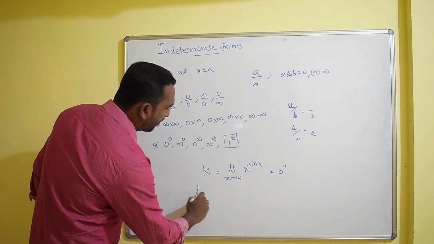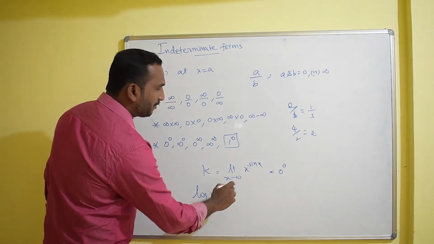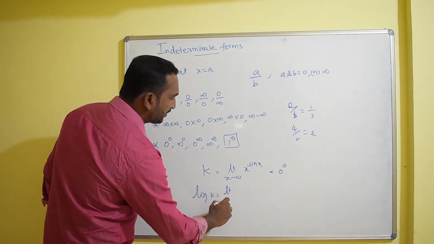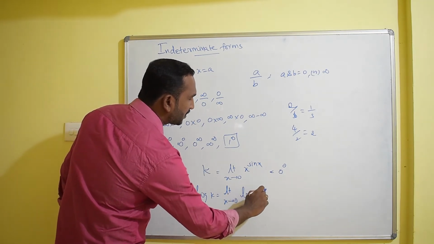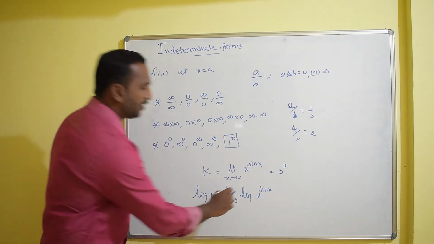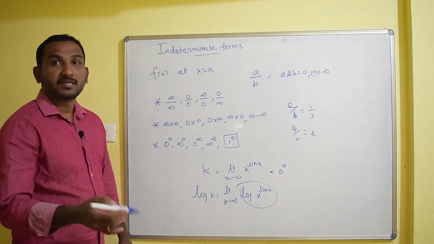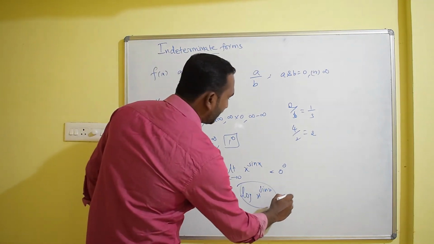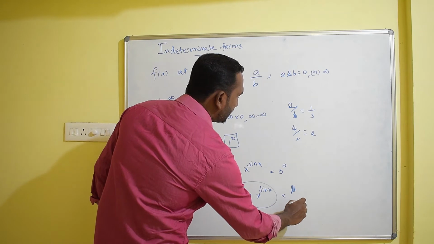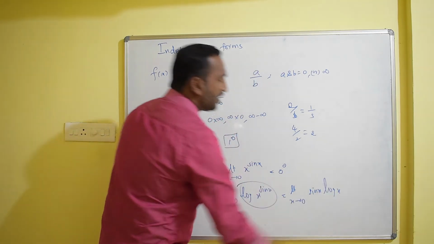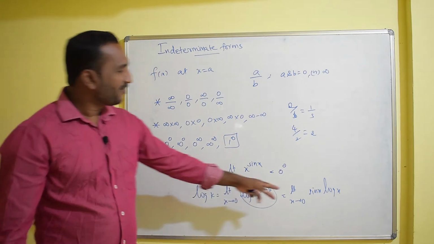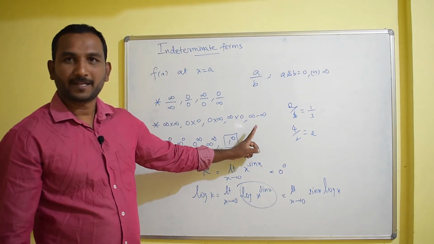So log k is equal to limit x tends to 0 of log of x power sine x. Now this becomes the log a power m form, so you can write simply limit x tends to 0 of sine x into log x. Now again I am getting into the second form, correct?